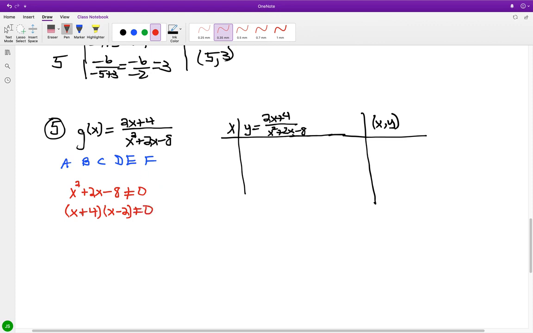Now, neither x + 4 nor x - 2 will be factors of the numerator, so there'll be no cancellation. Technically, g of x is already in simplest form. So x cannot be -4 and x cannot be 2, and those excluded values will be the vertical asymptotes.